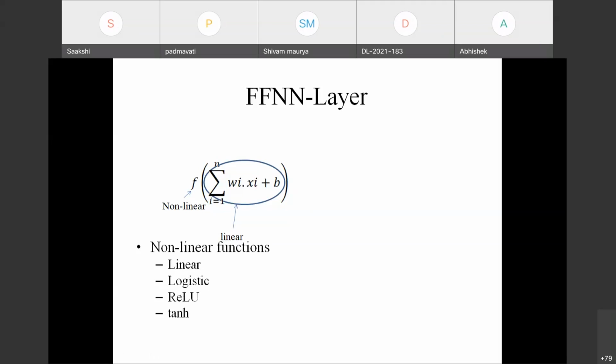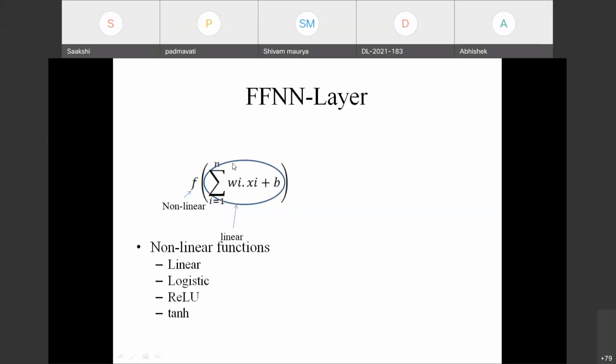For that, we need to understand the functionalities of these functions. We will discuss the details of the activation functions in tomorrow's session. But today's session, we will dedicate to understanding the complete architecture of a feed-forward neural network.